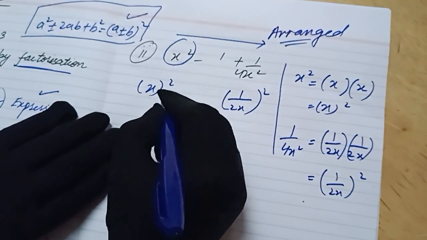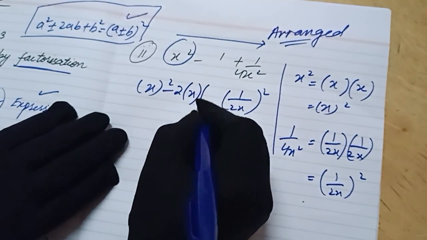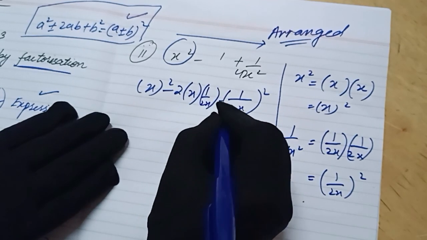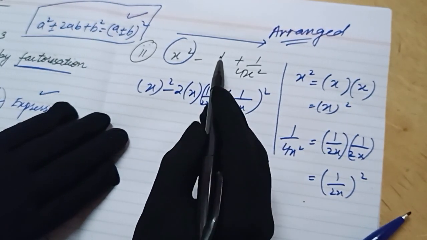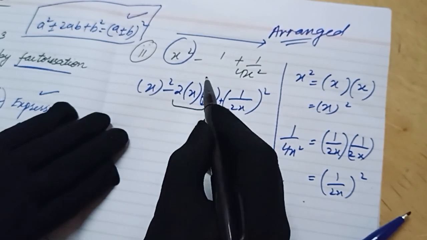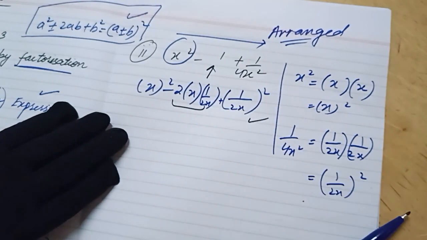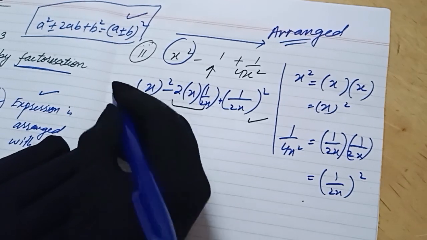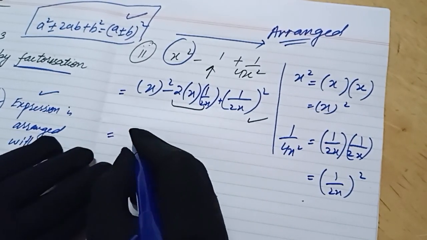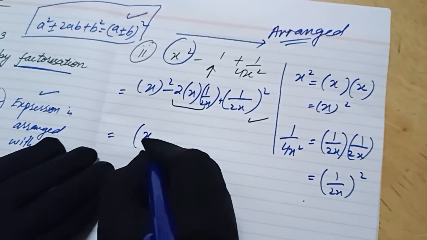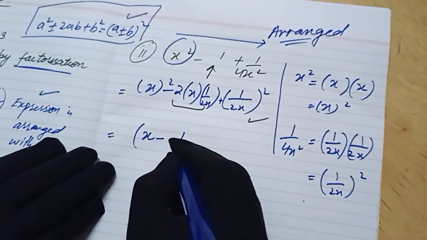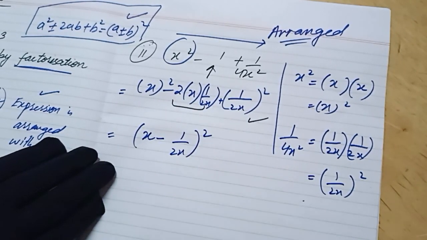And the middle one is minus, so minus 2 times the first term and the second term. After that, check. X and x cancel, 2 and 2 cancel, and it will give you back the same answer. So yes, it is true. If it is true, we can close with the same identity: first term minus second term whole square.